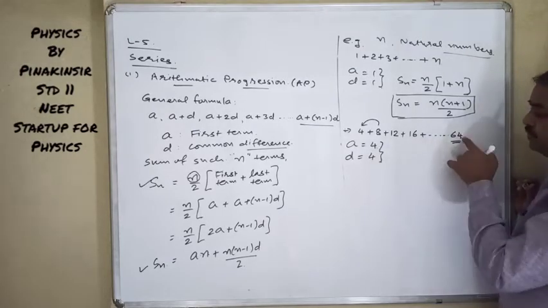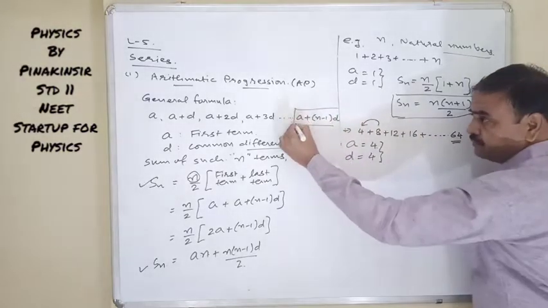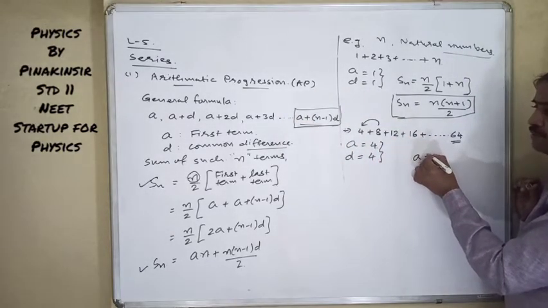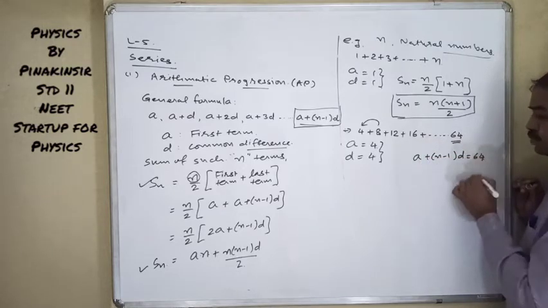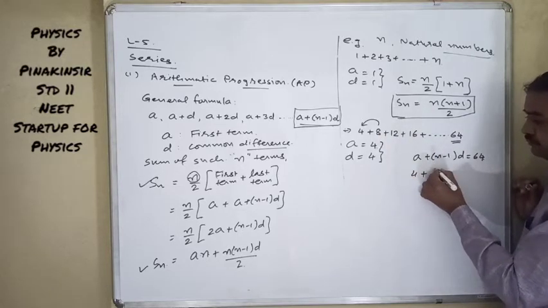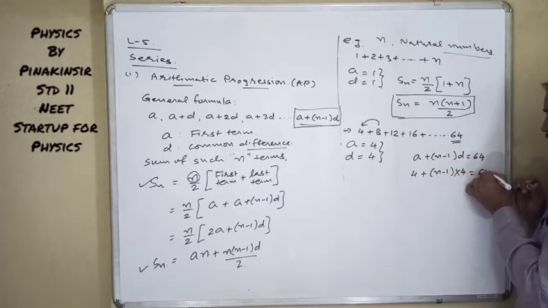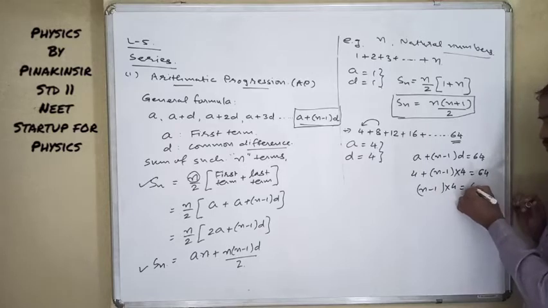So here you are having 64, that is last term, and for last term we are having such notation. Therefore you can write A plus n minus 1 D is equal to 64. Substituting for A and D, you will get 4 plus n minus 1 multiplied by 4 is equal to 64, so n minus 1 multiplied by 4 is equal to 60.